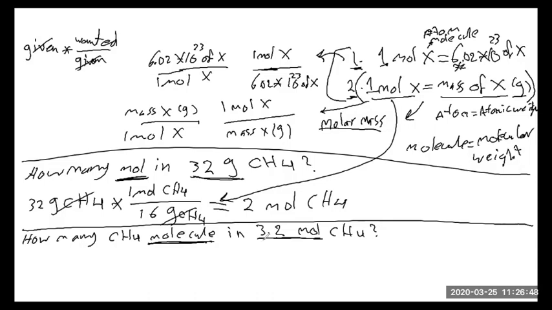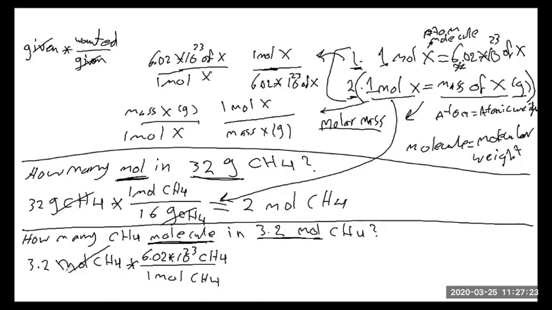Now start with the given information, 3.2 mole CH4 times the factor. How will you write down the factor? Which one will go to the top, and which one to the bottom? Is it the mole on the top or the number? The number on the top. So it will be 6.02 times 10 to the power 23 CH4 molecules, and in the bottom we put 1 mole CH4.